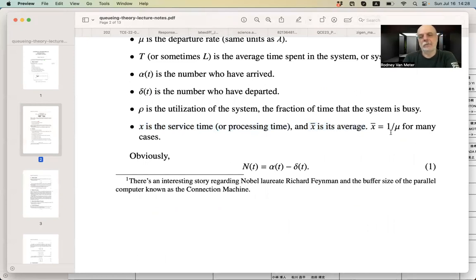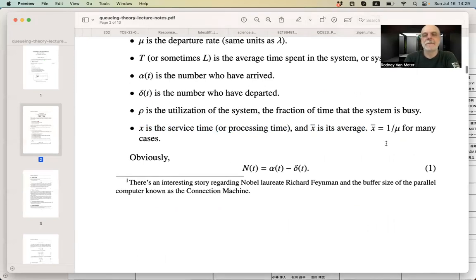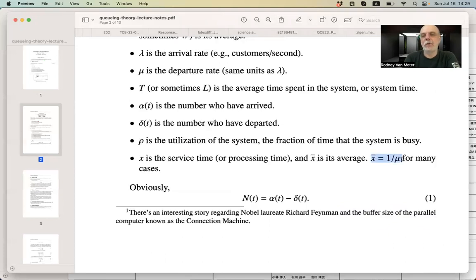For all the cases we're going to worry about here, X bar equals 1 over mu. So mu was our departure rate, how often things tend to leave the system. If an average of one customer or one job is completed every second, then the departure rate will be 1 per second, and X bar will be 1 second.